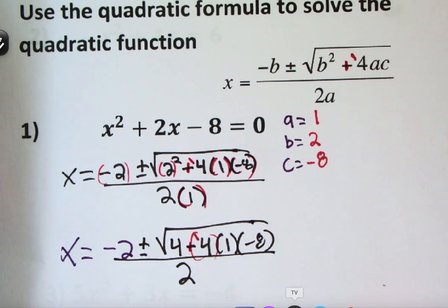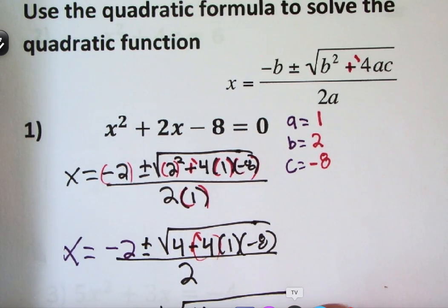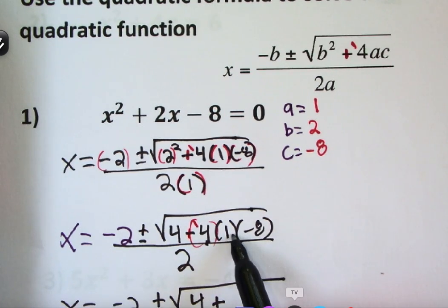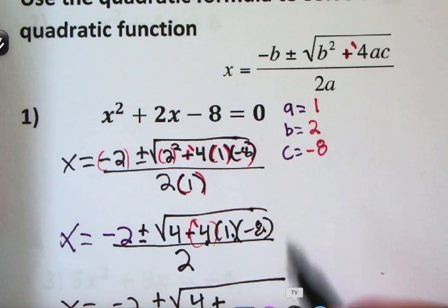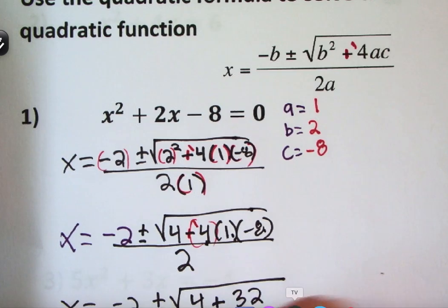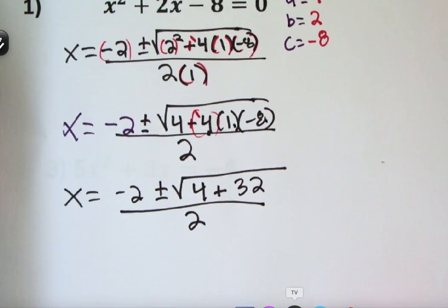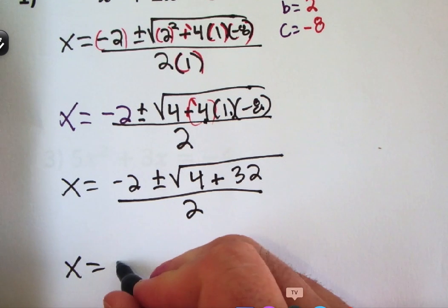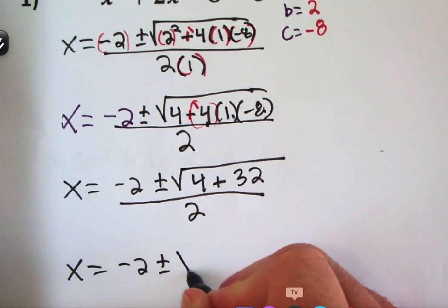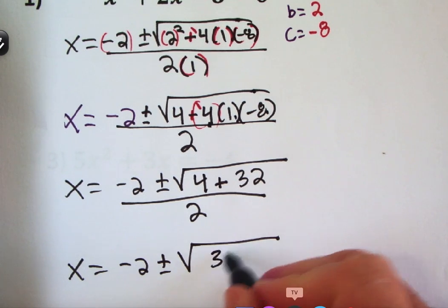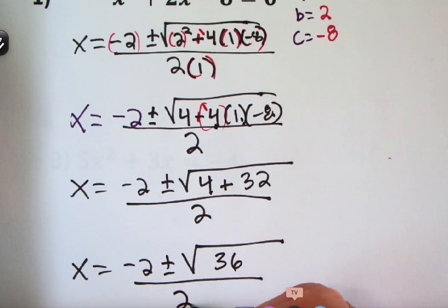So we have x equals negative 2 plus or minus the square root of 4 plus negative 4 times 1 times negative 8, and that's positive 32, all over 2. All right, we'll keep going. x equals negative 2 plus or minus the square root of 4 plus 32, 36, all of this divided by 2.